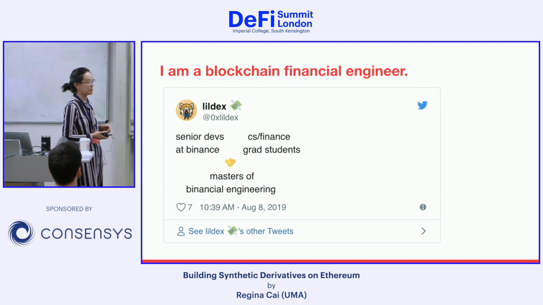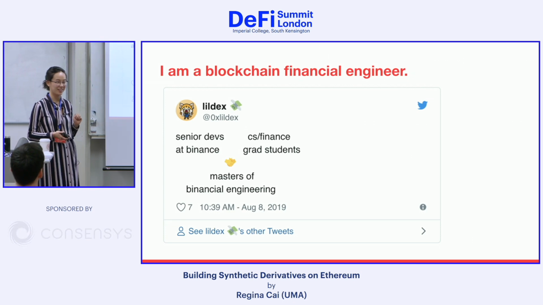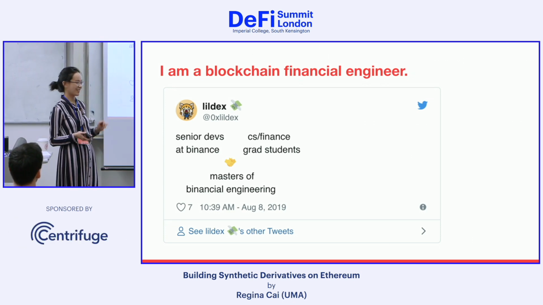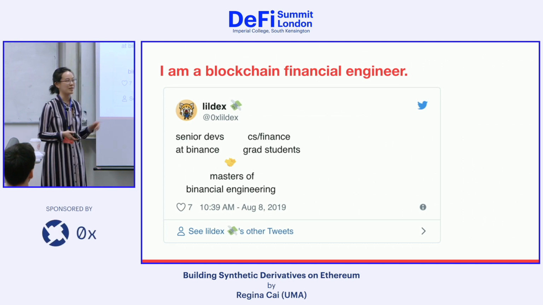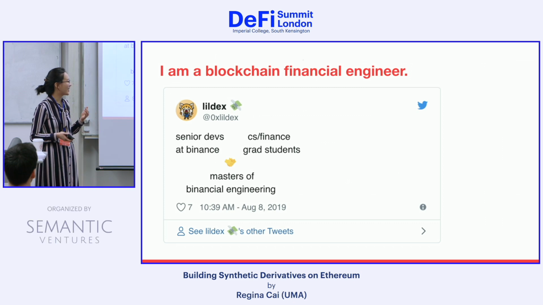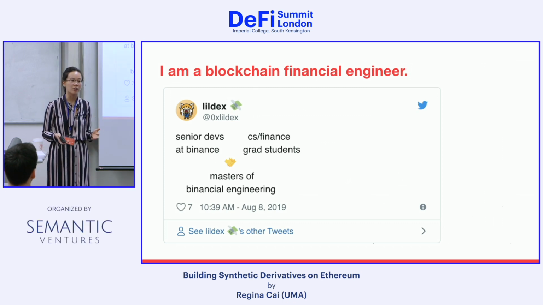OK, so I'm a blockchain financial engineer. I like to call myself a Binance engineer, although I feel like Binance might already have ownership over that. And so I tweeted this out a while ago just to highlight that there is this, I think, burgeoning group of people who are blockchain financial engineers, right?